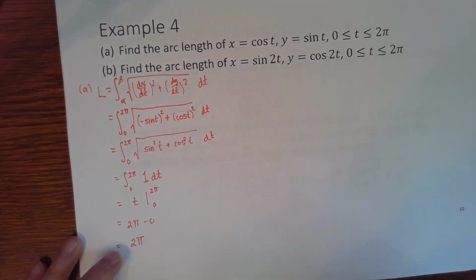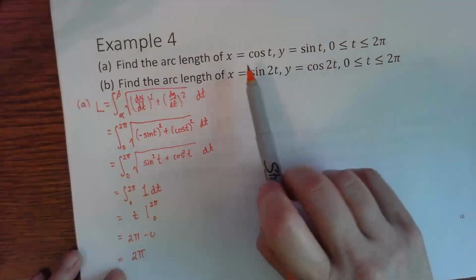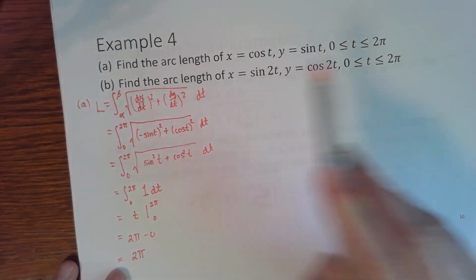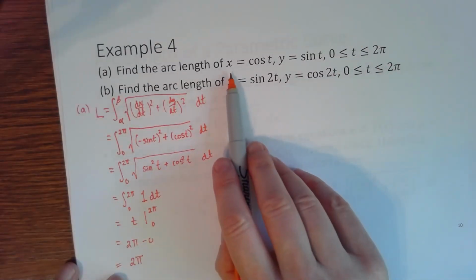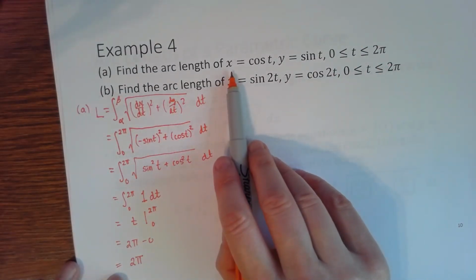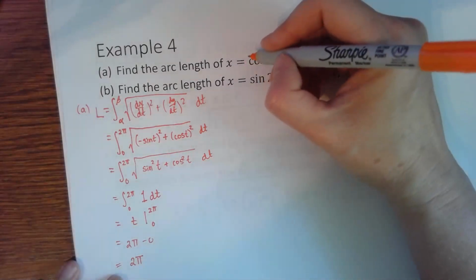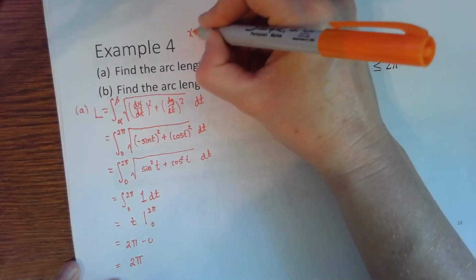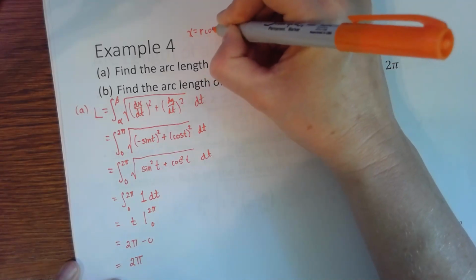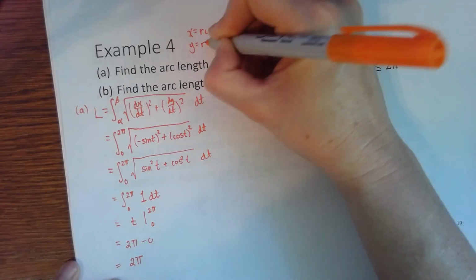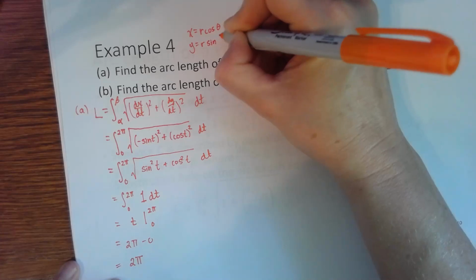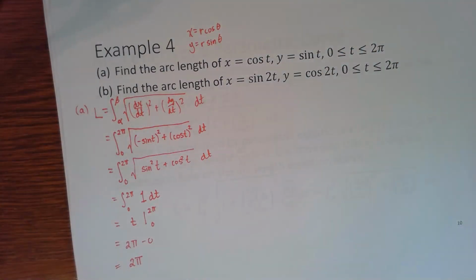All right. So if you think about this, we've seen this before. This is actually the unit circle, right? So if I think of this as, x equals r cosine theta and y equals r sine theta, that's our default start on the positive x-axis, and our theta angle will go counterclockwise.